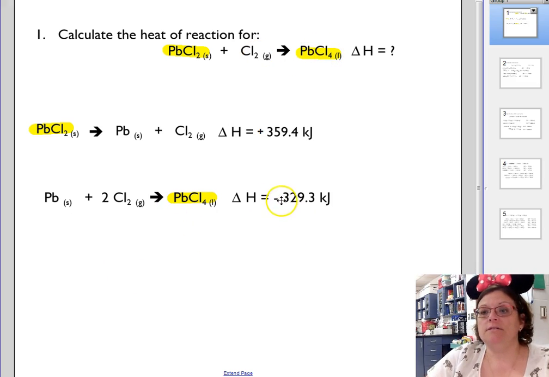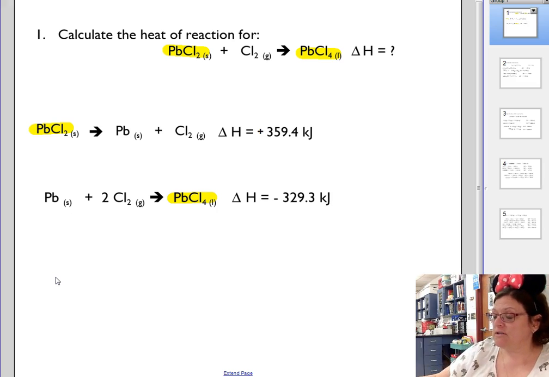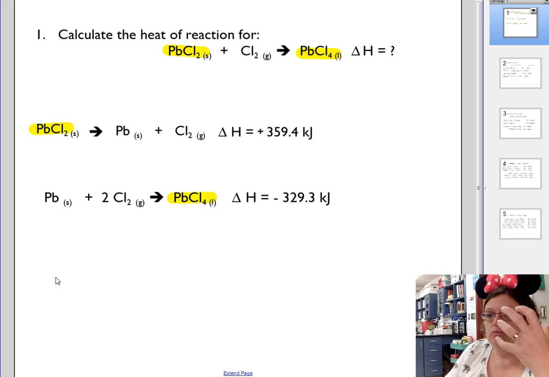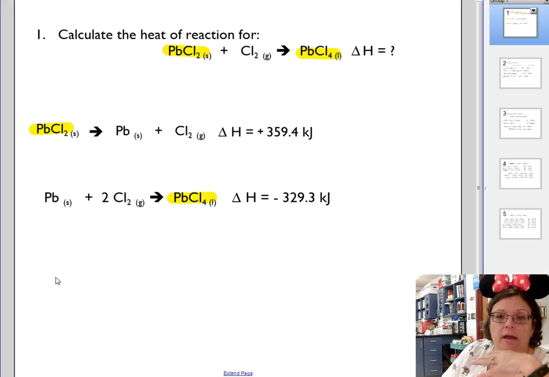Okay? Notice the charge changed when I flipped that. Also notice, in algebra, if you're putting equations together and you want to simplify it, you can cancel out like terms.